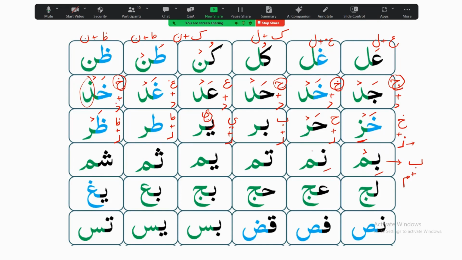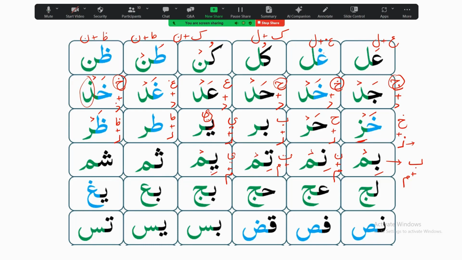So let's put again a kasra, noon letter and meme letter here. Nim, nim. Ta letter and meme letter, tim. Ya letter again and meme letter, yim.